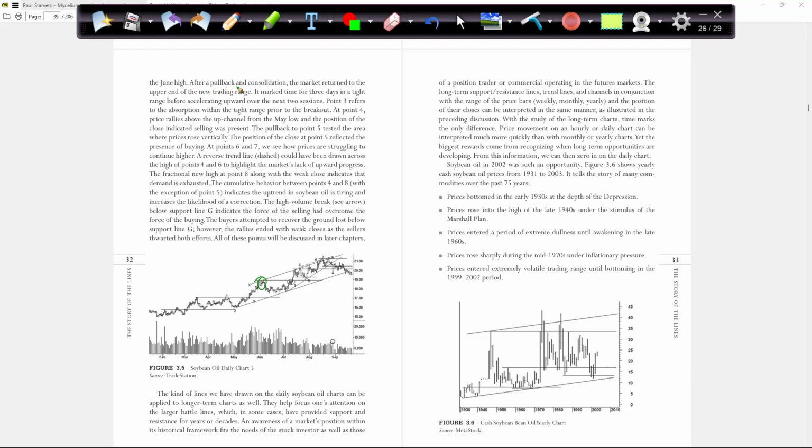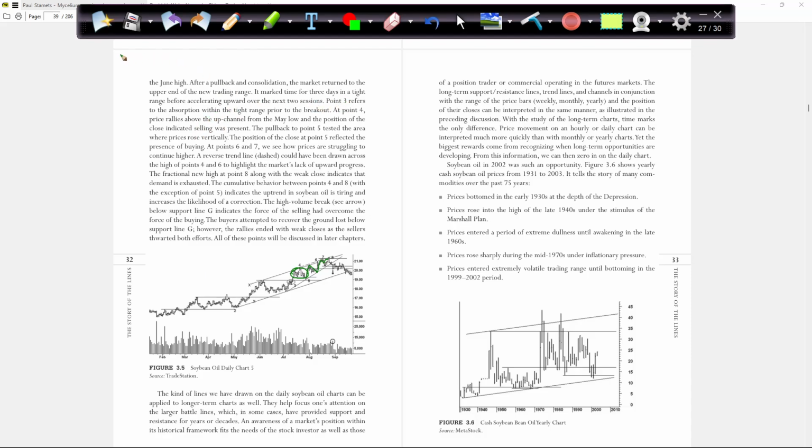After a pullback and consolidation, the market returned to the upper end of the new trading range, which is 4 and 5. Okay. It marked time for 3 days in a tight range before accelerating upward over the next 2 sessions. This one, and then upward for the next 2 sessions.